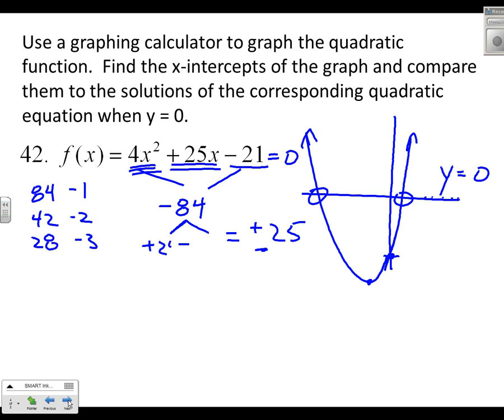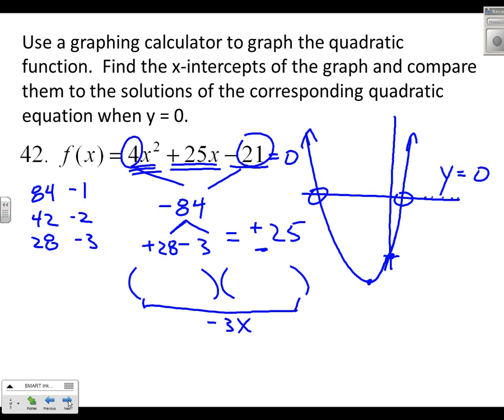Those are our magic numbers, which means if I can find those magic numbers, this thing factors. I need an outside product to either be positive 28x or negative 3x. I get a negative 3 with a factor of 4 times a factor of 21. Oh, well, it's 1 from the 4 and 3 from the 21, but it has to be minus.